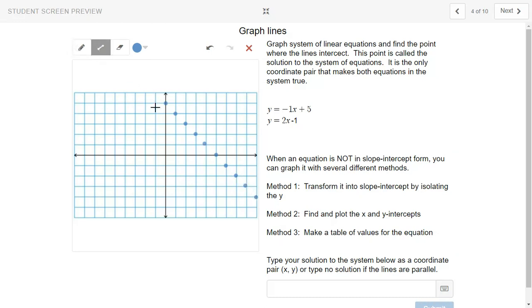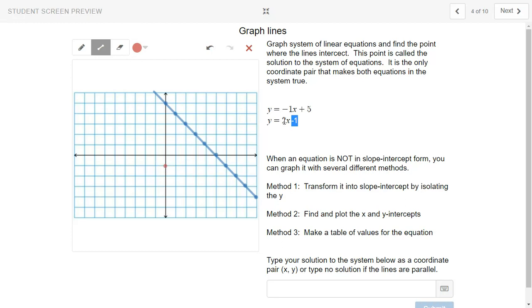All right, and let's draw our line through all those blue points and change over to red. We have a y-intercept of -1 there, so get on my y-axis and go to -1. And then we have a positive slope, so up and right. It's 2, so that's 2 over 1.